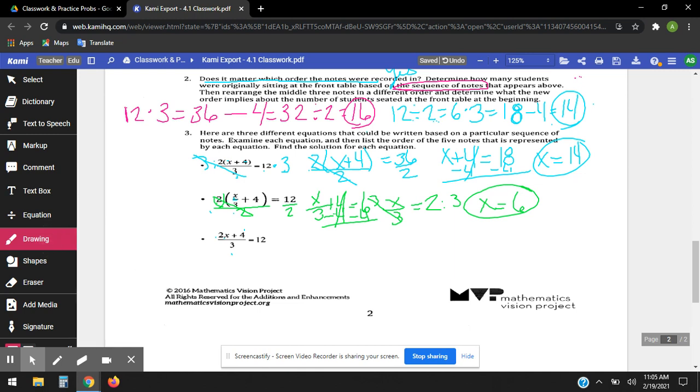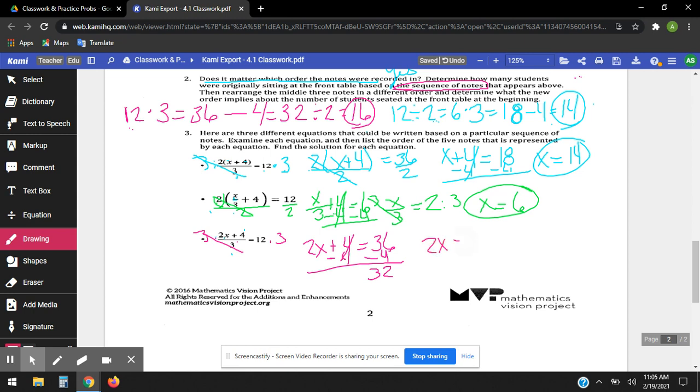For the last one, we said this one mimicked our original up here, so we're going to do that same process. To get rid of the divide by 3, I'm going to multiply by 3. That gives me 2x plus 4 equals 36. Now to leave the 2 with the x, I want to get rid of the plus 4. To get rid of a plus 4, I have to subtract 4, which gives 32.